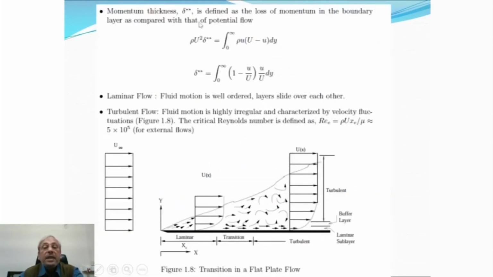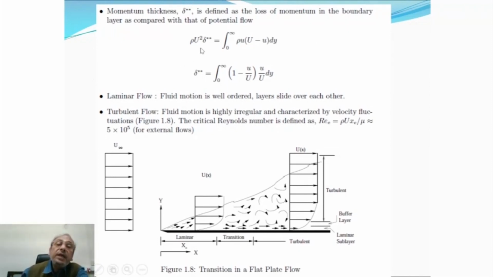Here, as a consequence of decrease in velocity in the boundary layer, what is basically the momentum that is lost, or rather the momentum thickness, we can say, is the loss of momentum in the boundary layer as compared to that of the potential flow.